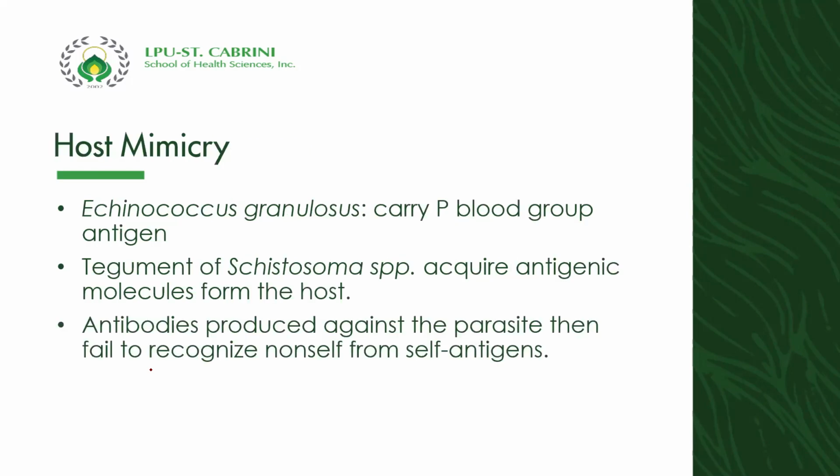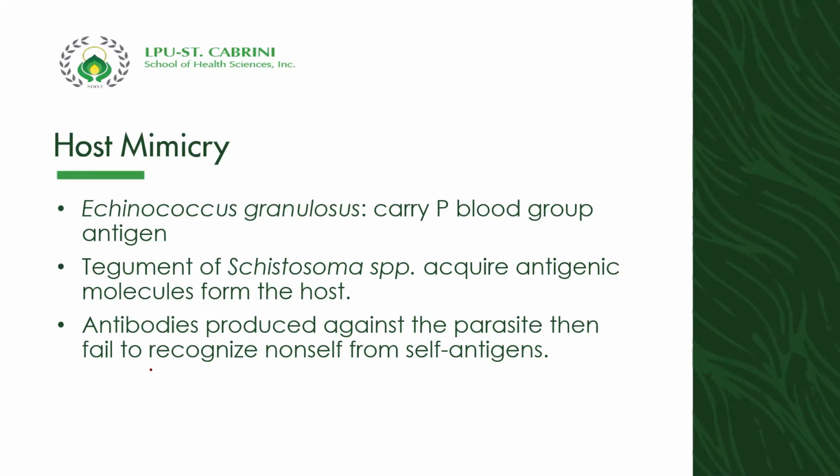We also have host mimicry. Mimicry, ginagaya. The larval stage of Echinococcus granulosus carries P blood group antigen. Remember also that the tegument of the Schistosoma species acquires antigenic molecules from the host.